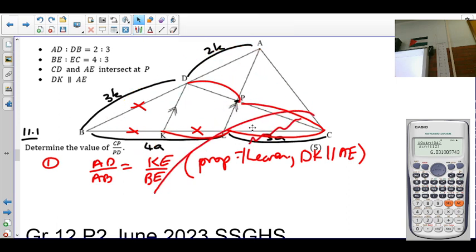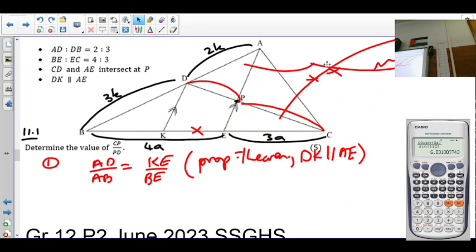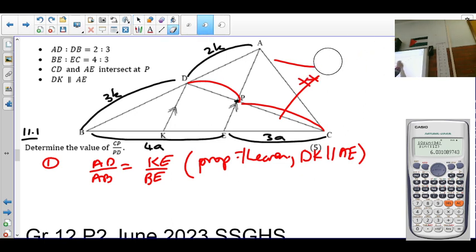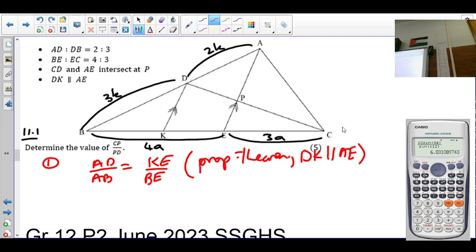I'm just going to take these lines off here, as the diagram is becoming overpopulated. So what do we say? AD is 2K over AB, which is 5K, must be equal to, that's what we're calculating, KE over 4A.